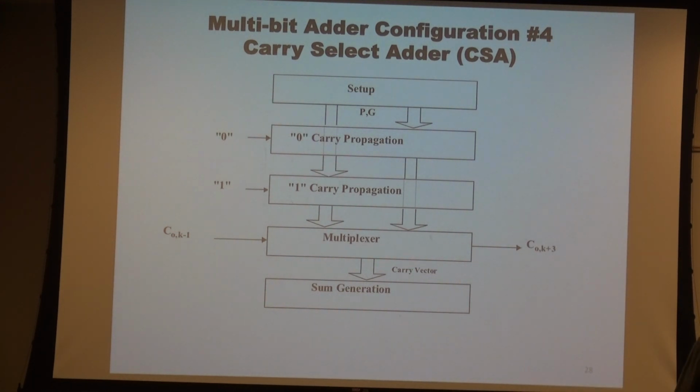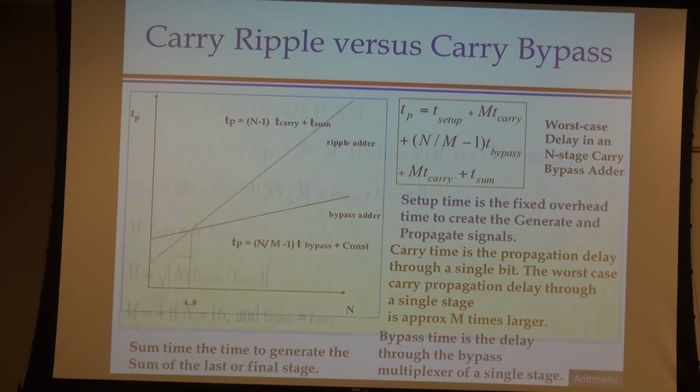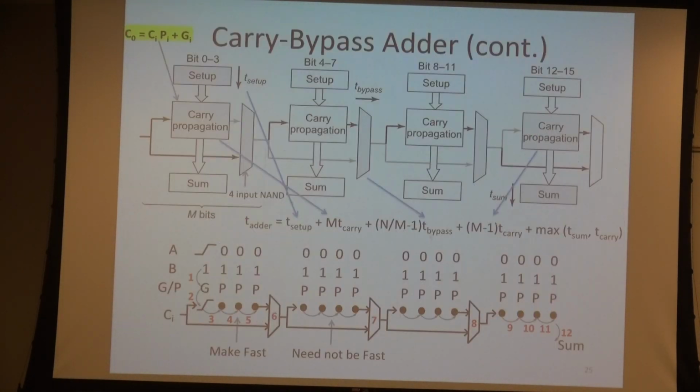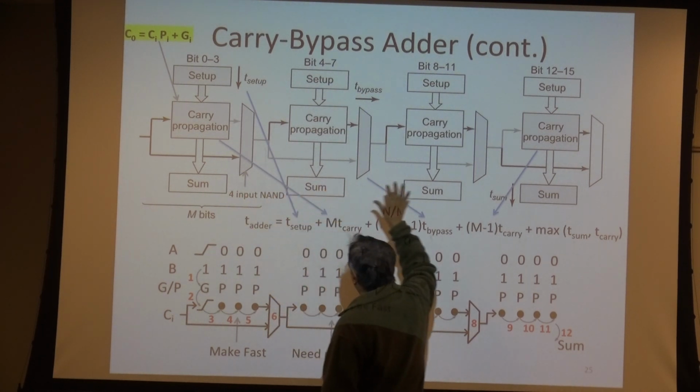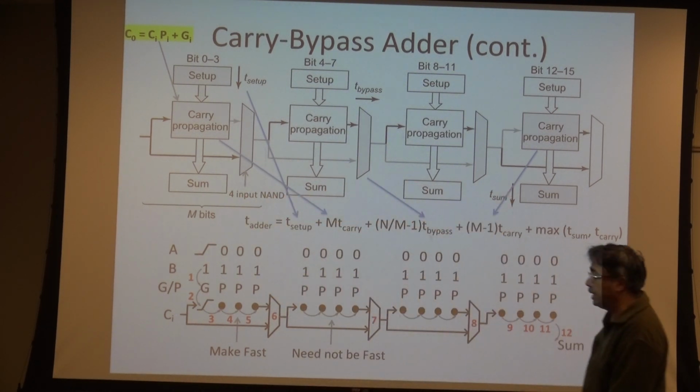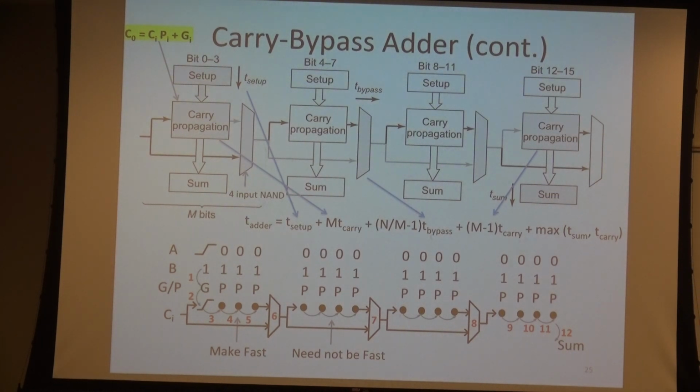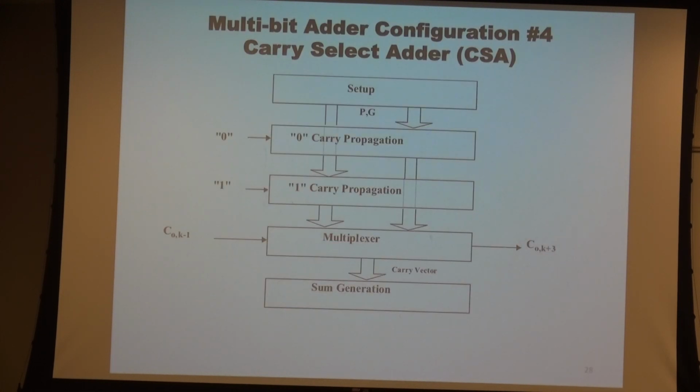In the carry bypass adder, the multiplexers were introduced between the chunks of ripple carry adders. So the multiplexers are located after 4-bit, 4-bit, 4-bit, 4-bit blocks to bypass the carry. But here in the carry select adder, we are introducing the multiplexer in a little different way.